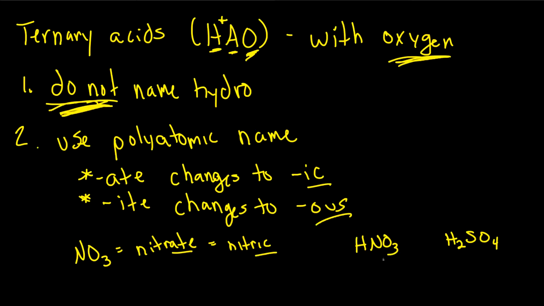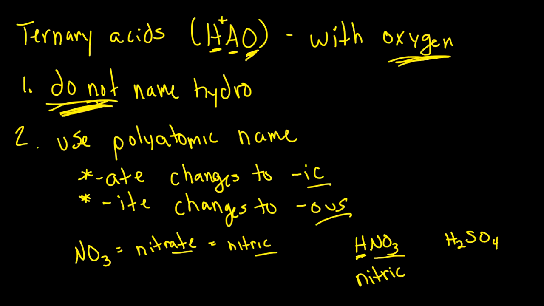So then if I had HNO3, this is now an acid with a polyatomic bound to it. I'm not going to name it hydro. I'm just going to call it by its polyatomic ion, which is NO3. Again, NO3 is nitrate. Nitrate becomes nitric. So HNO3 is nitric acid.